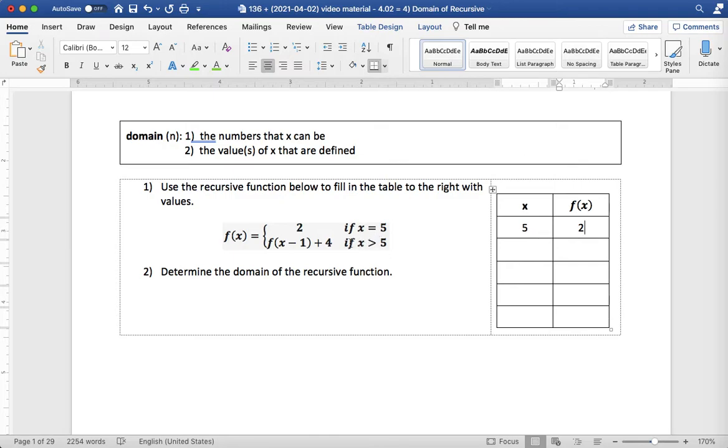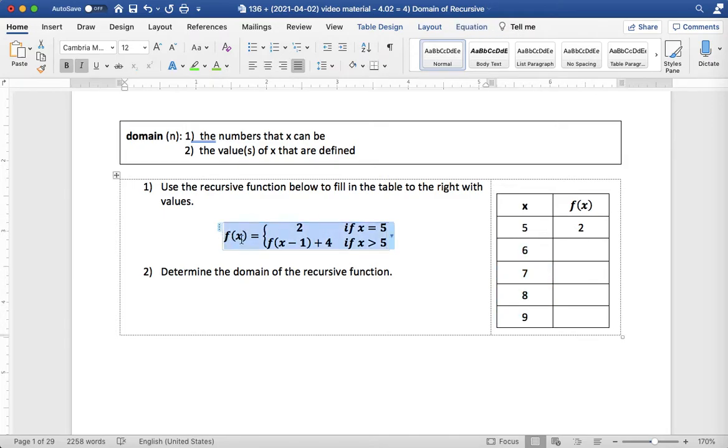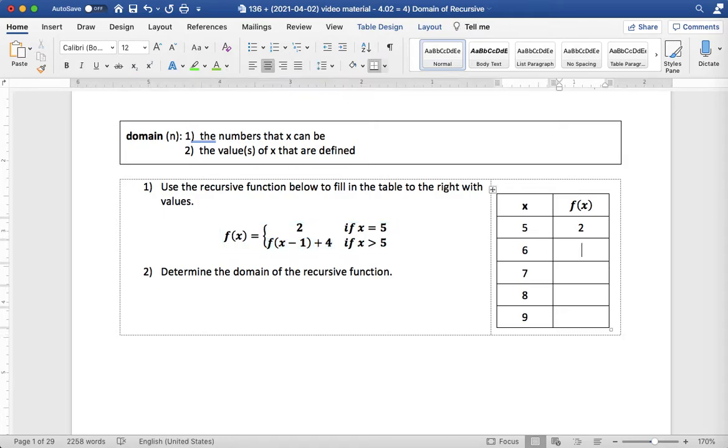And now this says that for every other x after 5, so for when x equals 6, 7, 8, 9, for every x after 5, my y, or my f of x, is equal to the y value right before it plus 4. So this one right here is equal to your 2, the one right before it, plus 4.